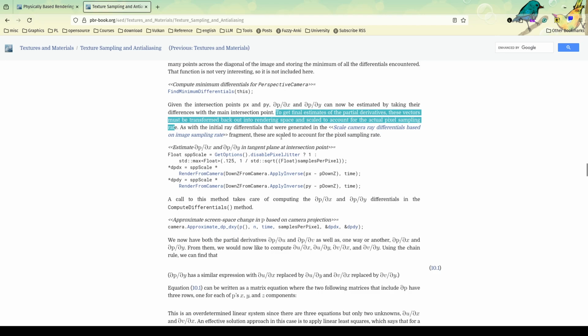So this is the scale camera ray differentials based on the image sampling rate fragment.